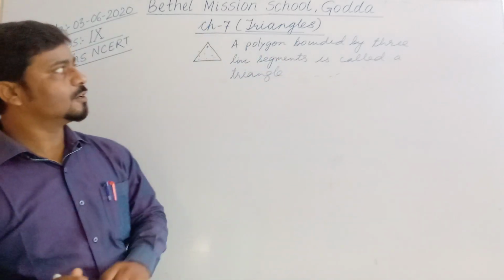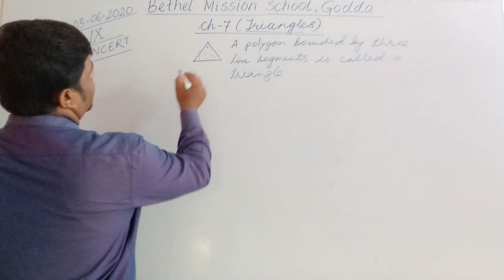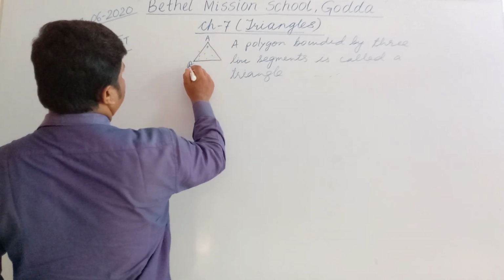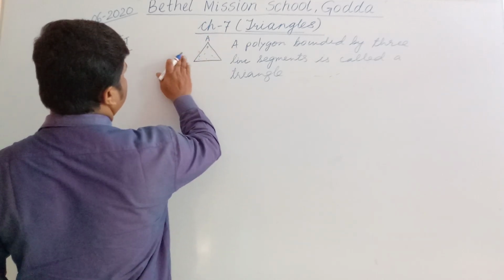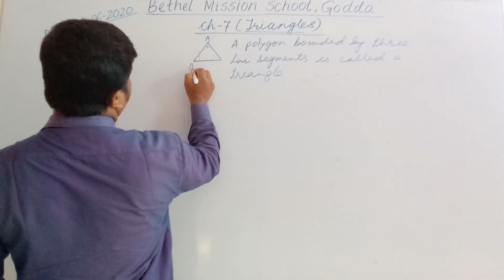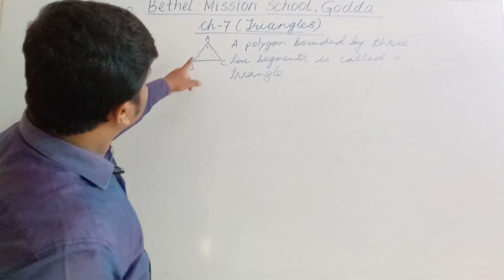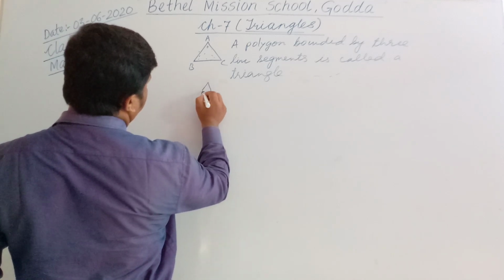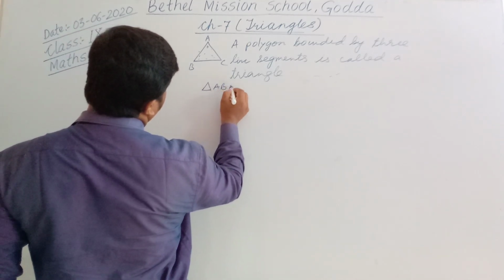So this is a triangle. A B, B C. So how can we name it? Triangle A B C.